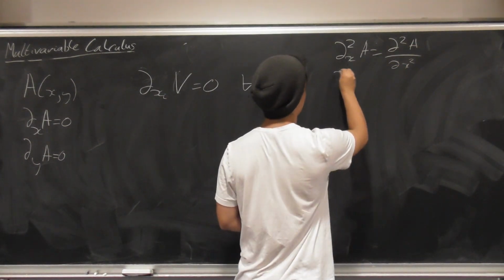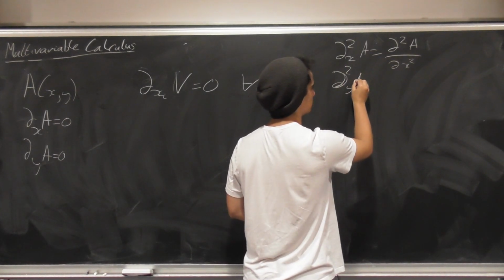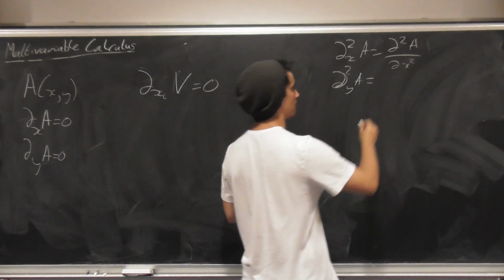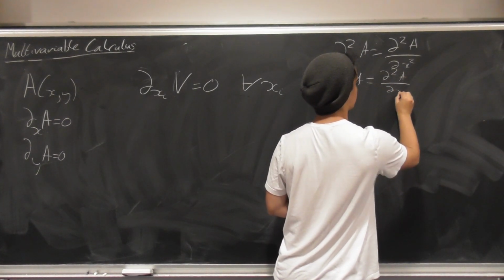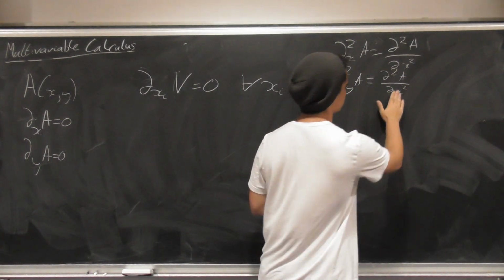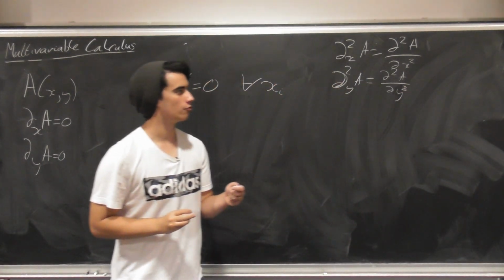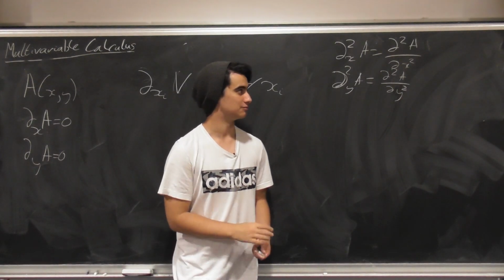We can also say this here. So the second derivative of a with respect to y. So d squared a dy squared. And then we get into a little bit more, this is where the fact that this is multivariable really comes into play.